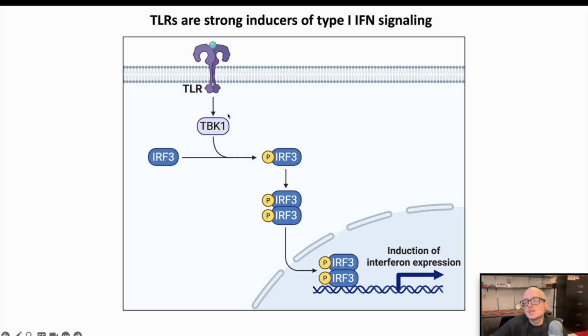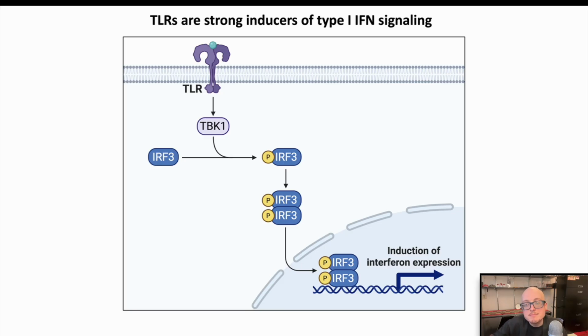One of the major substrates of TBK1 is the transcription factor IRF3, interferon regulatory factor 3. When IRF3 is phosphorylated, it can form functional homodimers, which can then translocate into the nucleus and induce the expression of various molecules associated with type 1 interferon.